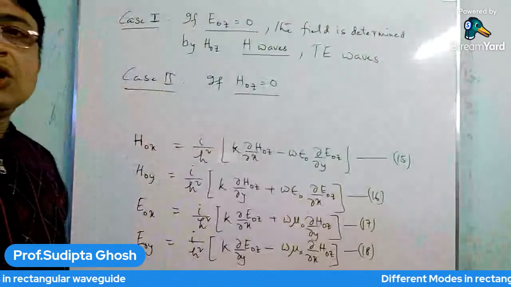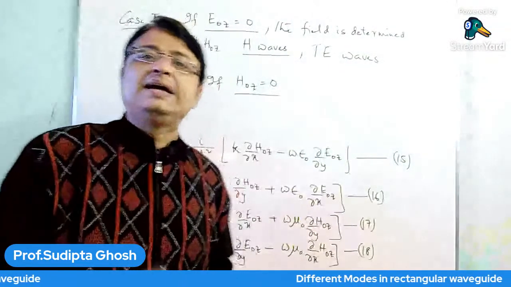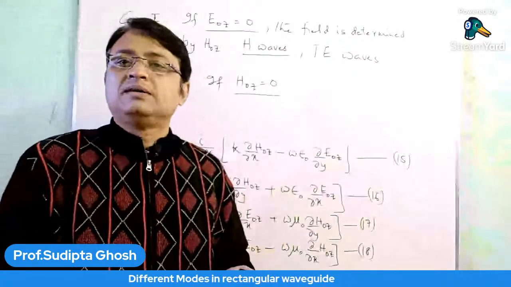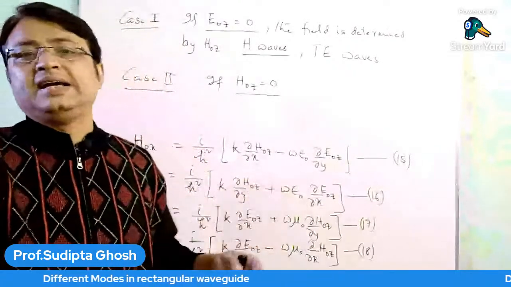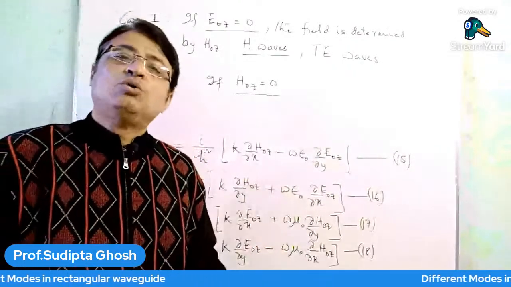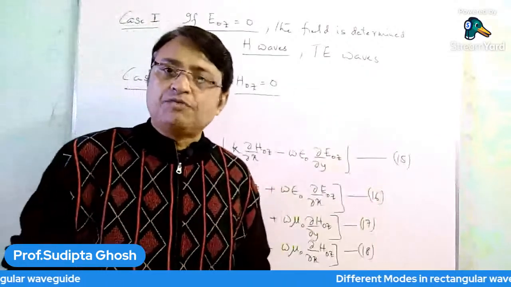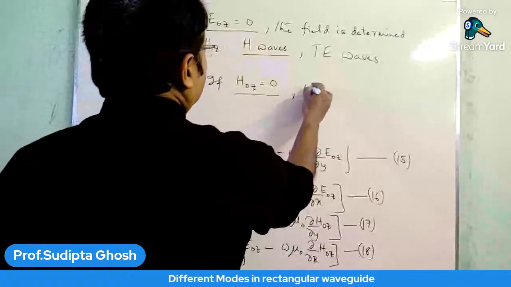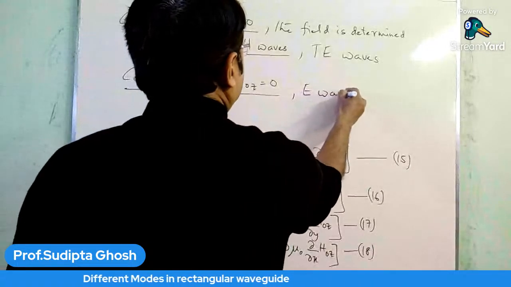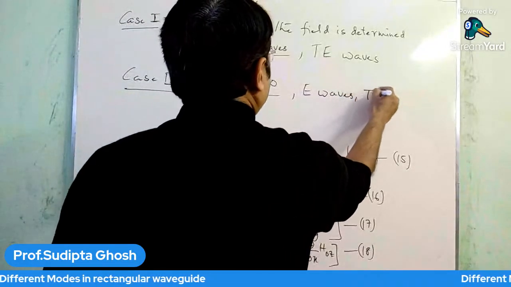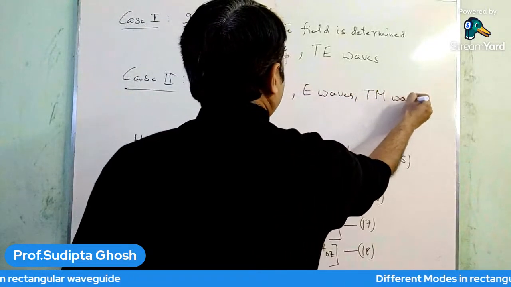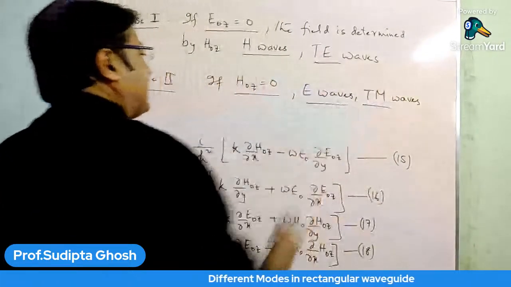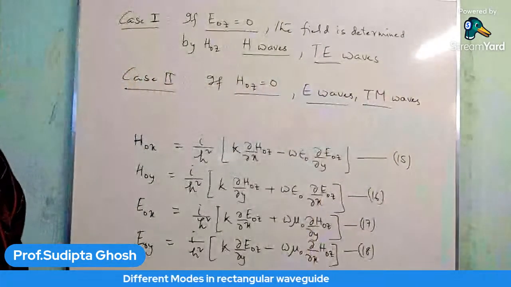Because the transverse magnetic fields are present here, the longitudinal component, HOZ, vanishes. So we can call this type of wave the transverse magnetic wave, or TM wave. So these are the TE waves and TM waves.